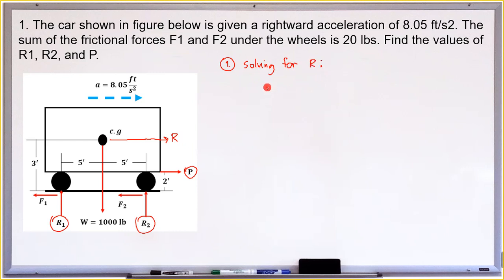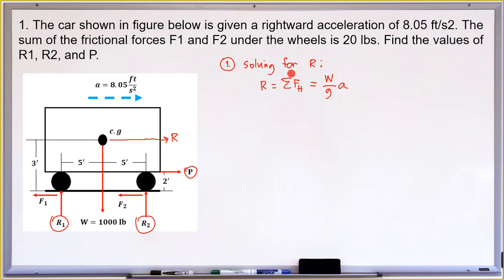Our R is equal to the summation of forces along the horizontal, since R is along the horizontal axis. However, R is also equal to the weight of the rigid body over gravity times its acceleration. We are lucky because the weight is given, and of course g is constant, and also the acceleration.